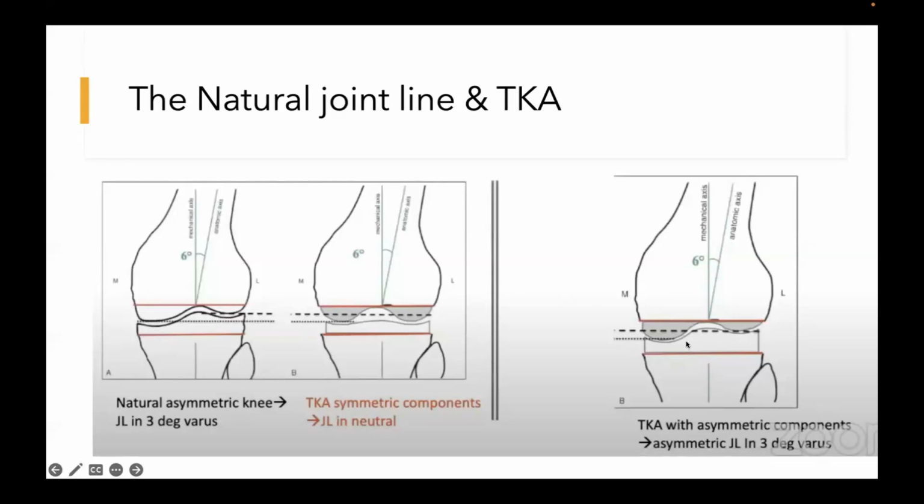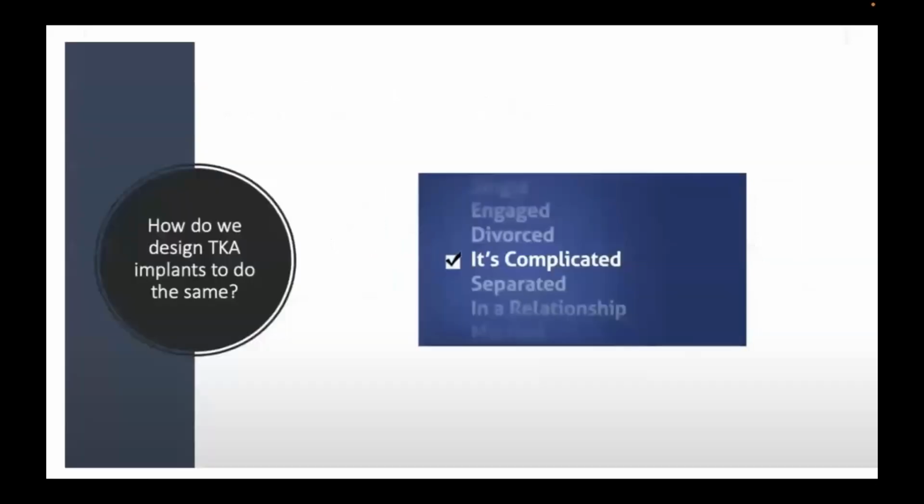But actually what we want is asymmetric femoral components, so that both the medial joint line and the lateral joint line are restored. And this might be the future of the TKR process. So how do we design TKA implants to do the same? To recreate the natural joint kinematics is very complicated and very difficult.